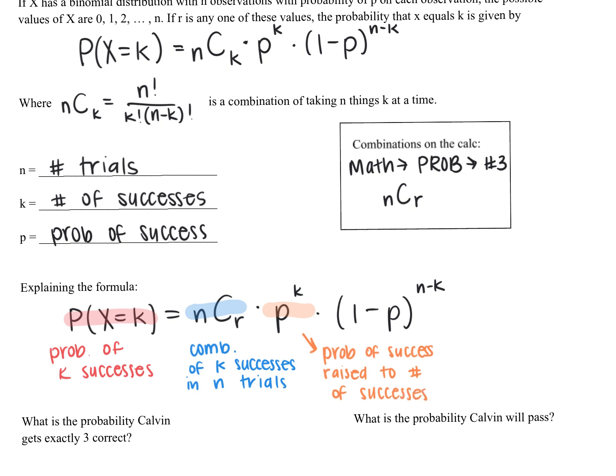And then the last one, 1 minus p to the n minus k, which is your probability of failure. So that's what 1 minus p is, your probability of failure, raised to the number of failures.